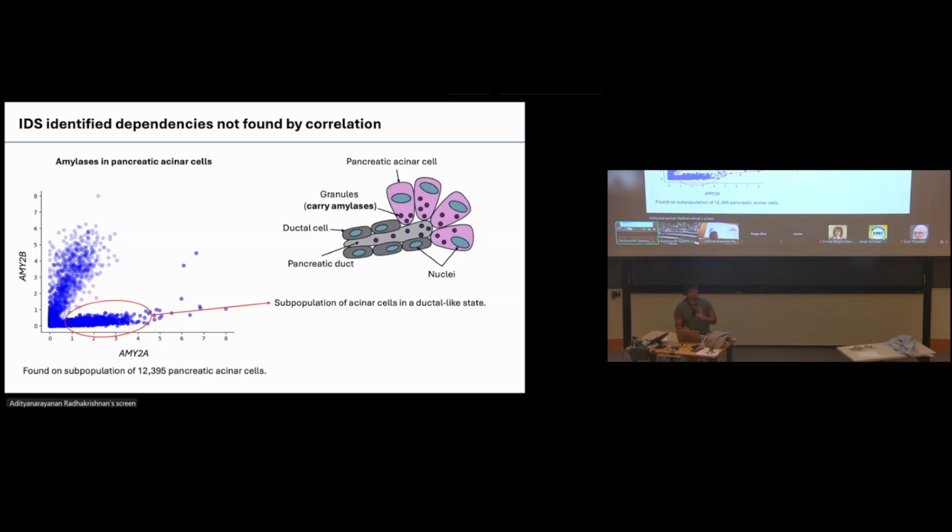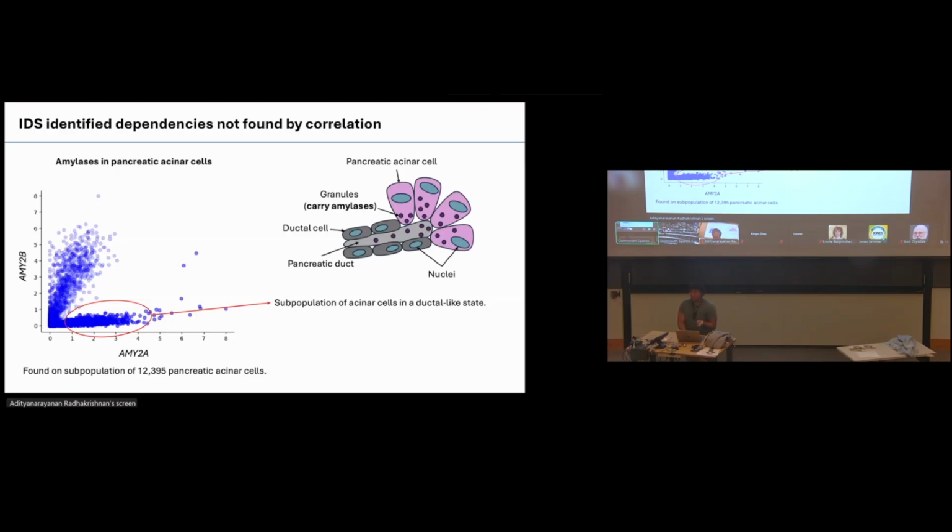So it starts to become harmful. So the cell starts to damage itself, and what it does is it actually transitions to a ductal cell so that it stops hurting itself, and then once it's cooled down enough, it can transition back. And this is something that you're able to capture by investigating these different subpopulations.